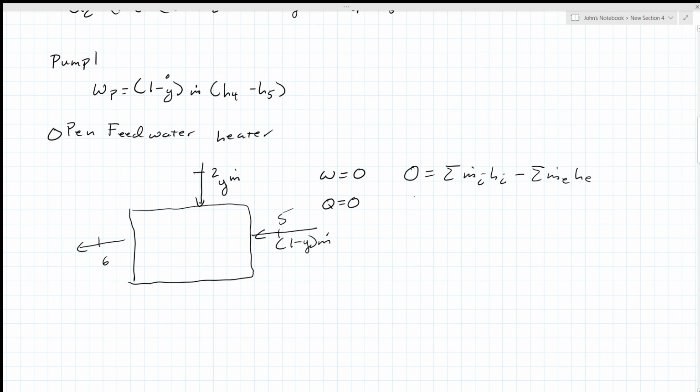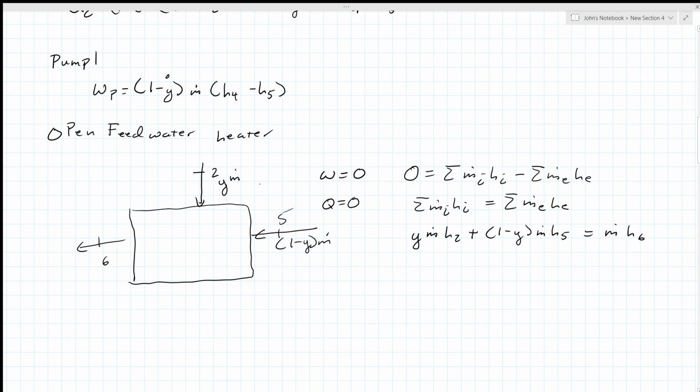So set sum of the mass flow rate of the inlet, enthalpy of the inlet, equals sum of the mass flow rate of the exit, enthalpy of the exit. Well, what's my entrance? At state point 2 and state point 5. So my mass flow rate at state point 2 is y m dot h2 plus 1 minus y m dot h5 is equal to m dot h6, because remember, whatever's going in has to come out.